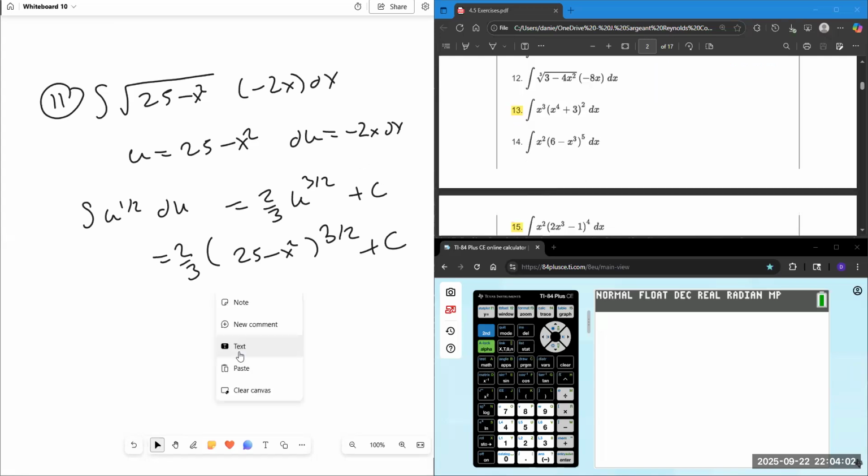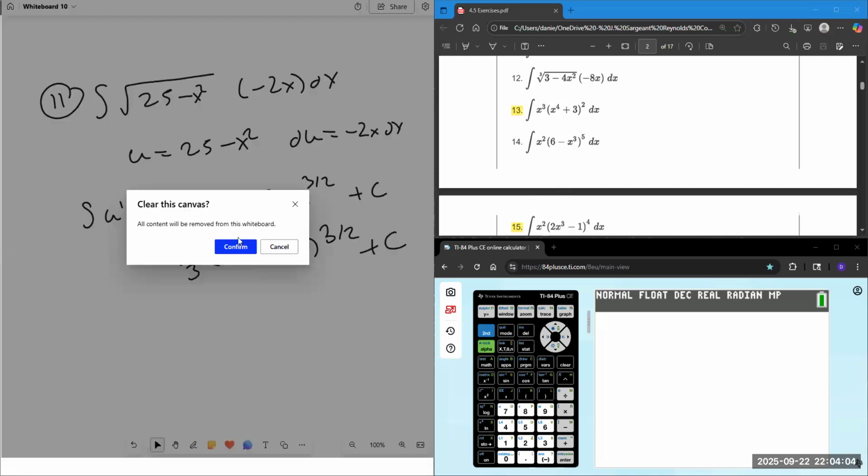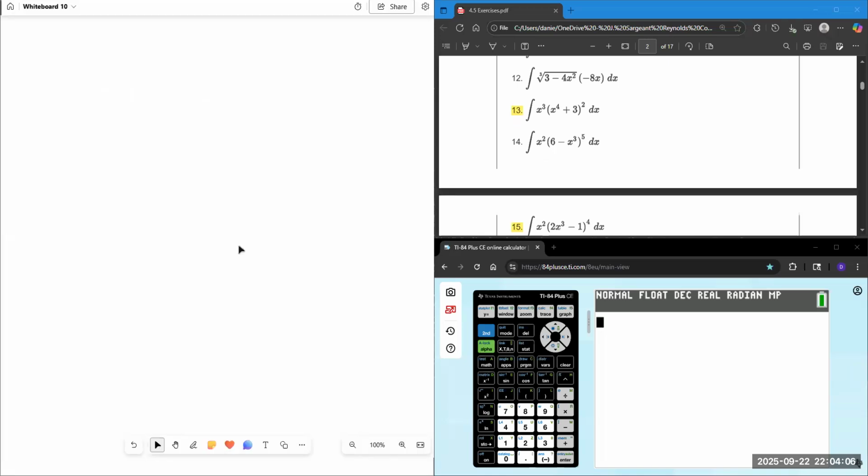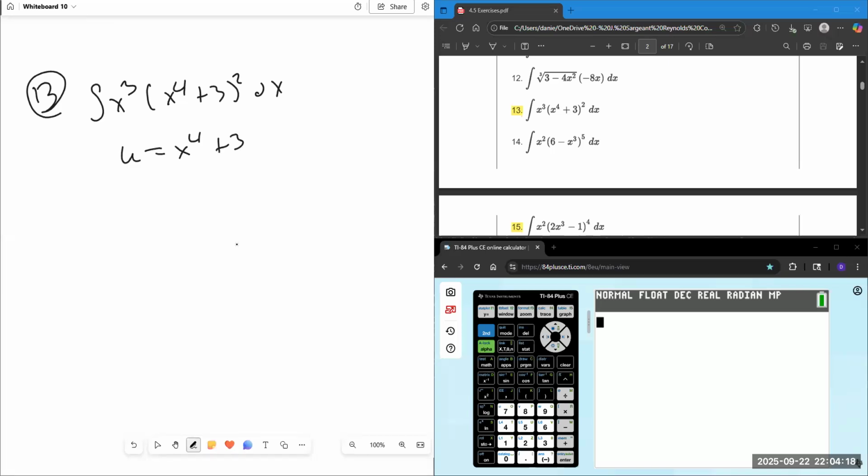Moving right along to number 13. 13 says the integral of x cubed times (x to the 4th plus 3) raised to the 2nd dx. u is my inner function of x to the fourth plus 3. du is 4x cubed dx.